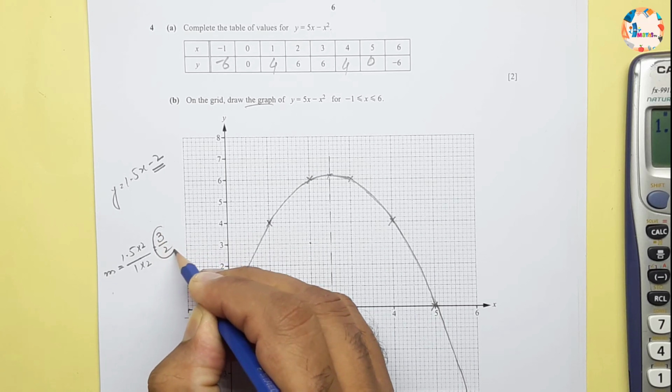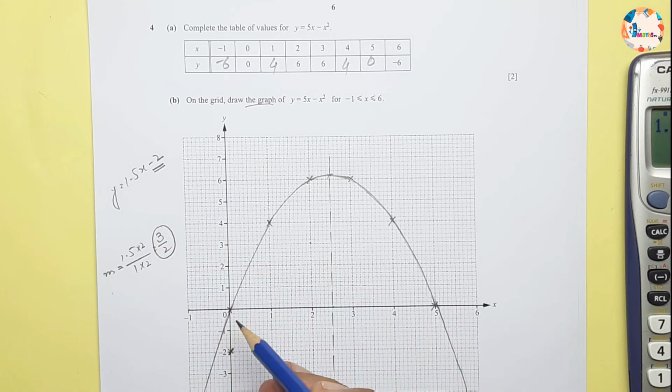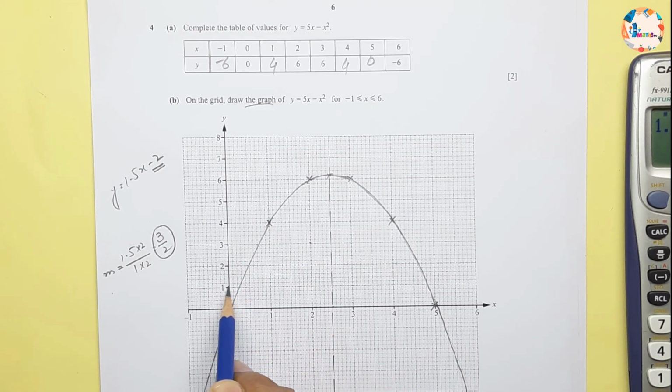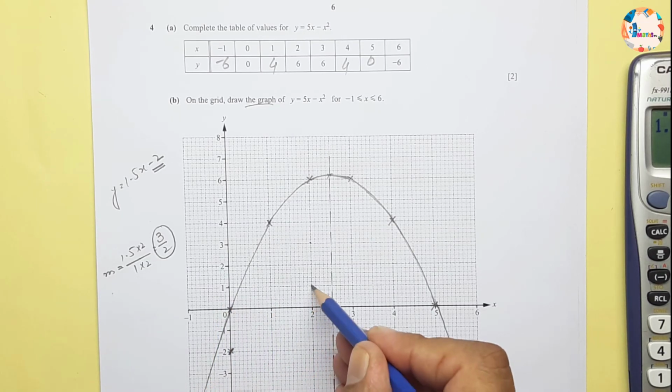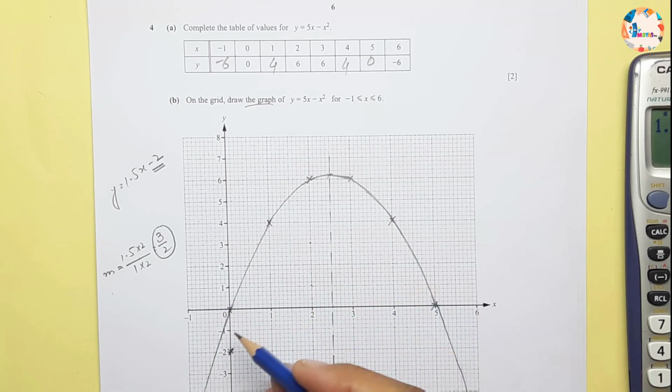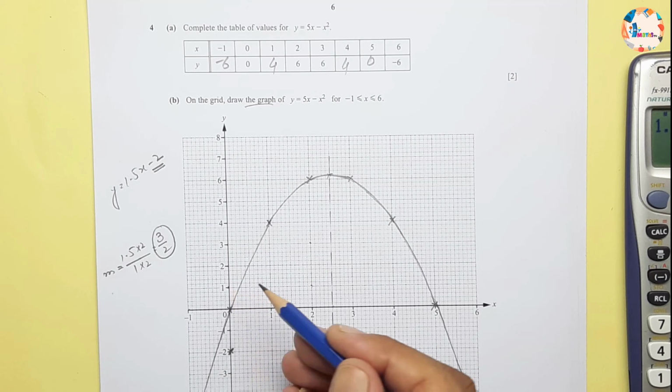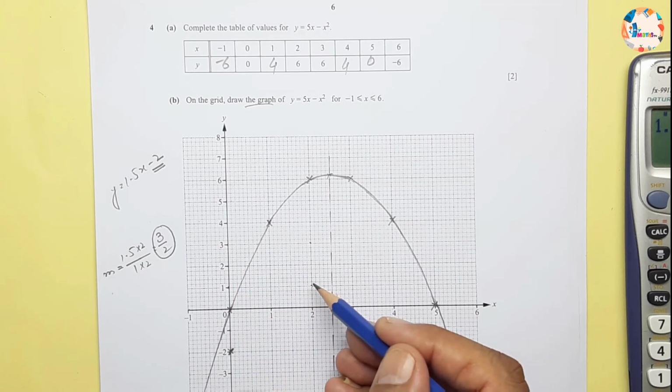Now it means this is our gradient. So what I've taken from here: 3 units above, 1 2 3 over here, and 2 units right, so 2 units right will be this point. So starting from here, 1 2 3 units rise, and run is 2 units, 1 and 2 units.